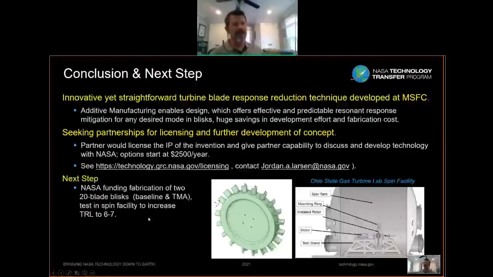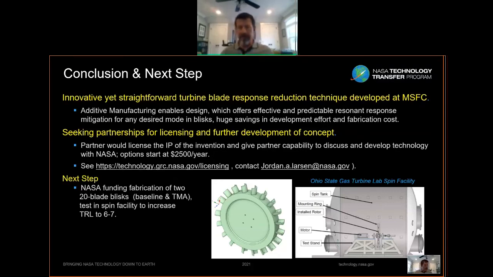So, in conclusion of my section, then we'll move on to the licensing section. An innovative yet straightforward turbine blade response reduction technique has been developed at NASA Marshall. And the additive manufacturing really enables this design.